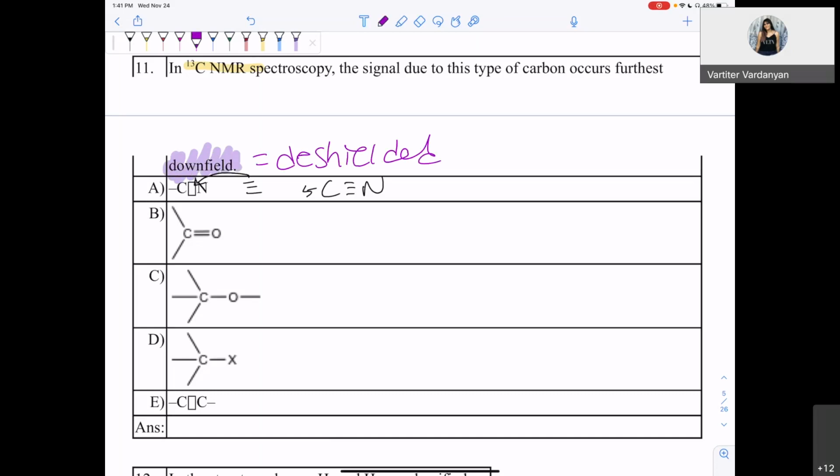So are we looking for a higher number or a lower number? And I'm pretty sure this is also supposed to be a double bond. High, yes. Oh, it's a triple bond? There you go.